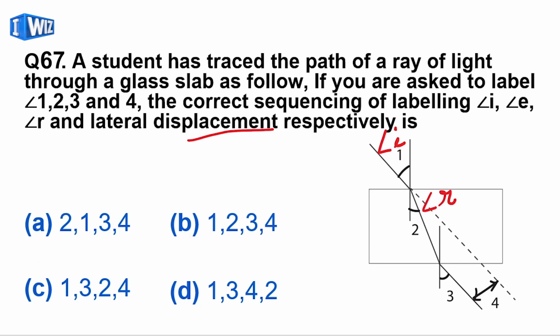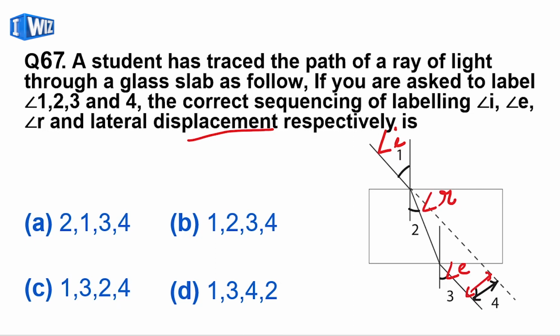The angle made by the emergent ray with the normal is the angle of emergence, and this is lateral displacement, the distance between the extended incident ray and the emergent ray.